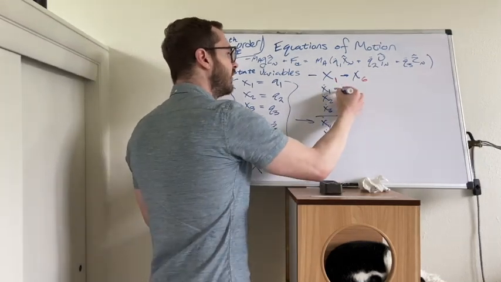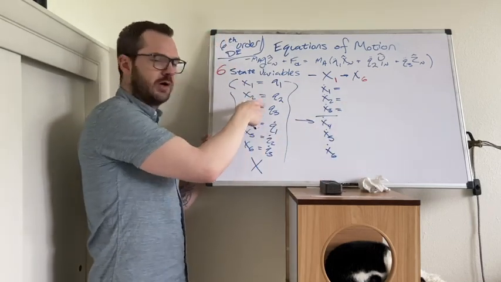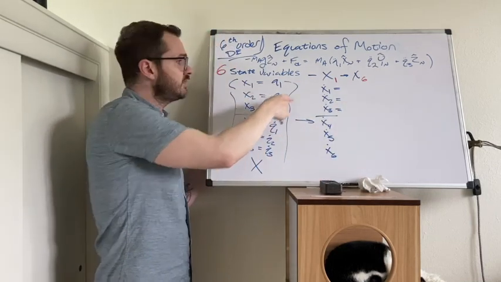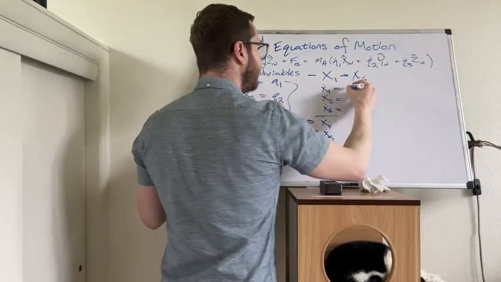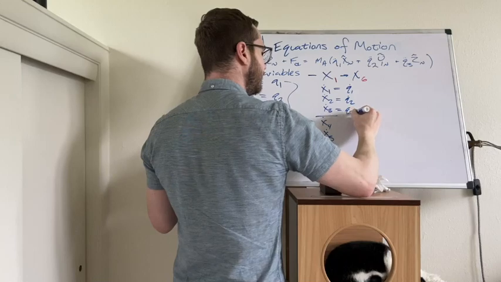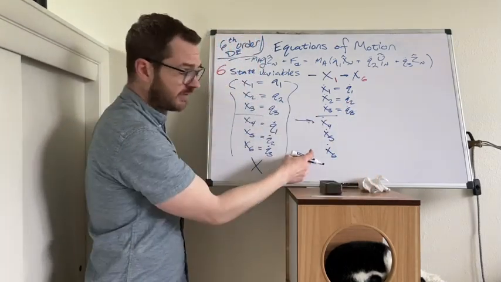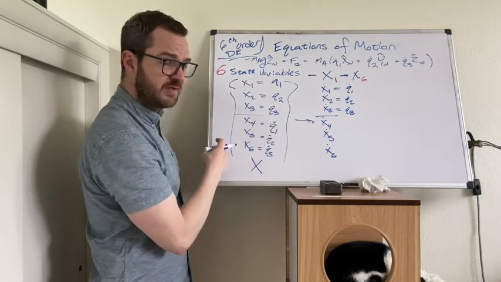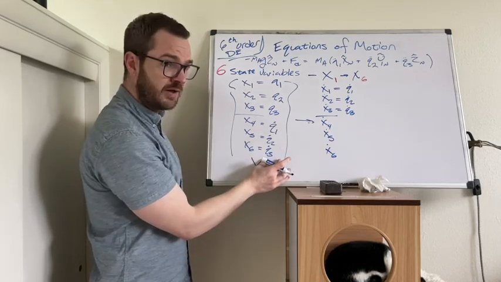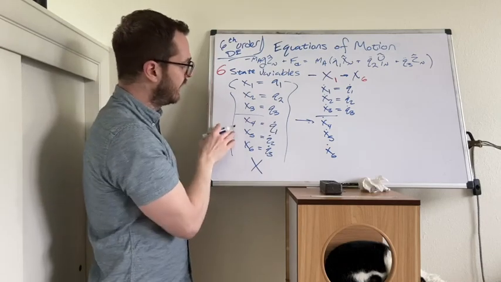So what are these? Well, the first three are q1, q2, q3. If we take the derivative of those, that makes this q1 dot, q2 dot, q3 dot. What do we do with the next three? We take the derivative of these. Notice that these were already the derivatives. This was q1 dot through q3 dot, and that's x4.